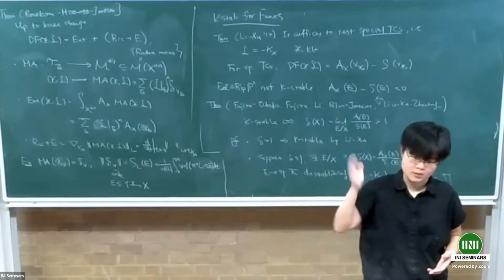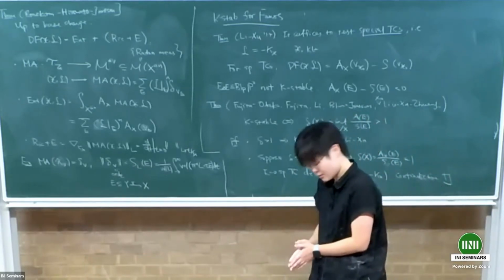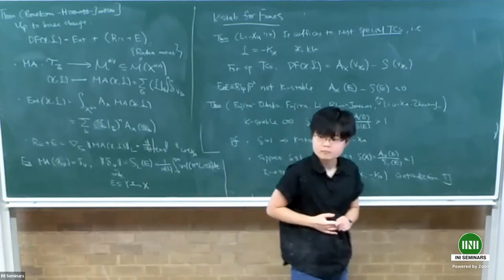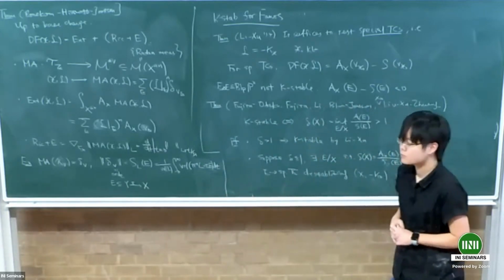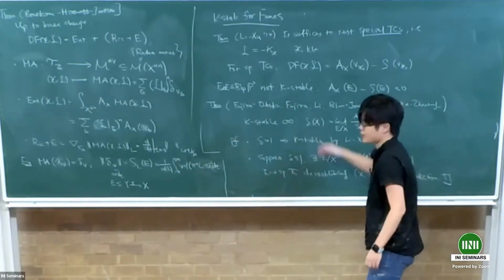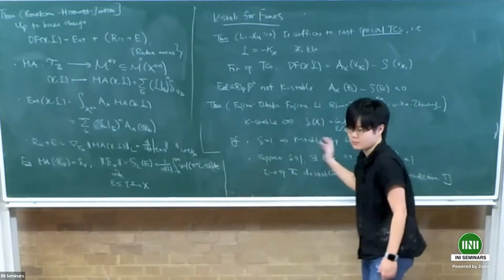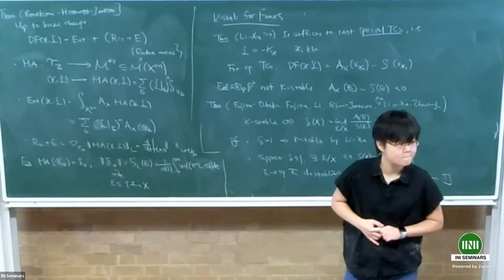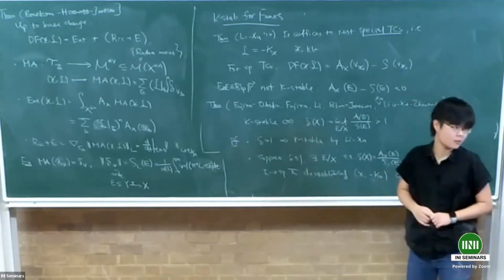You have to mod out the test configurations induced by the group actions. Right. Yeah, there's delta T going on. Yeah, and it's the same greater than one condition. Yeah, it's equivalent to K-polystable.